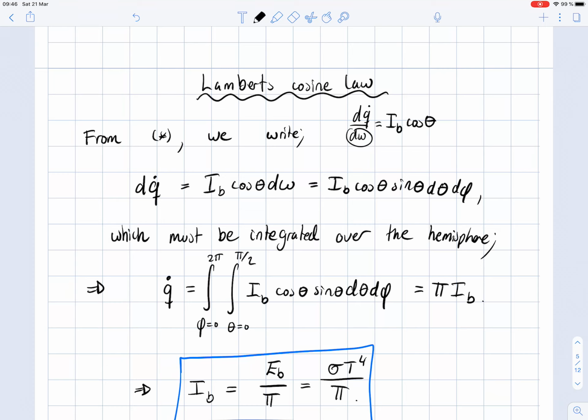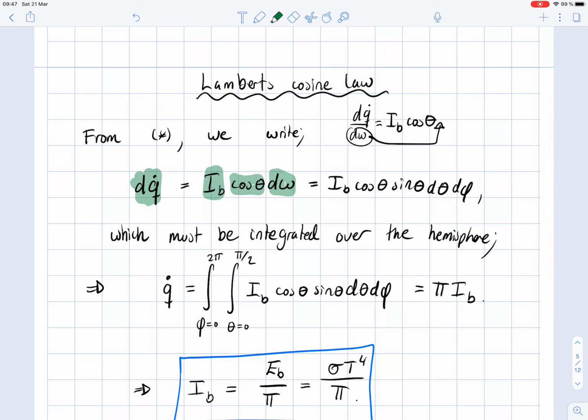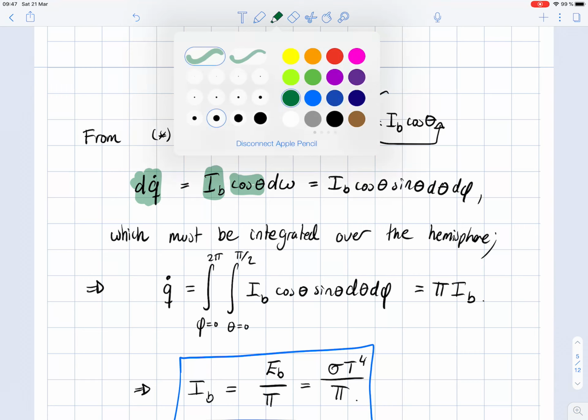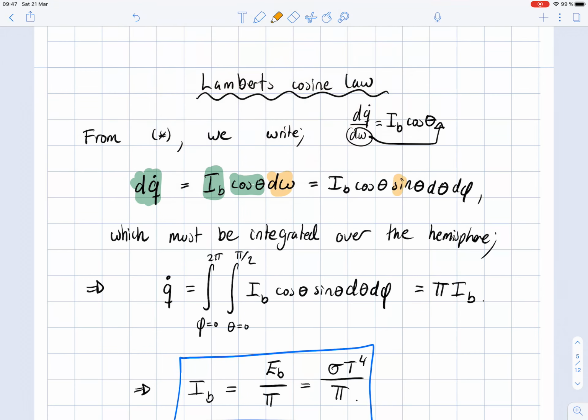If you take this d omega and move it to the right-hand side, we have a differential equation for the differential in heat flux, which is a function of the black body intensity times cosine theta times the change in solid angle. The solid angle we have already defined as sine theta d theta d phi.